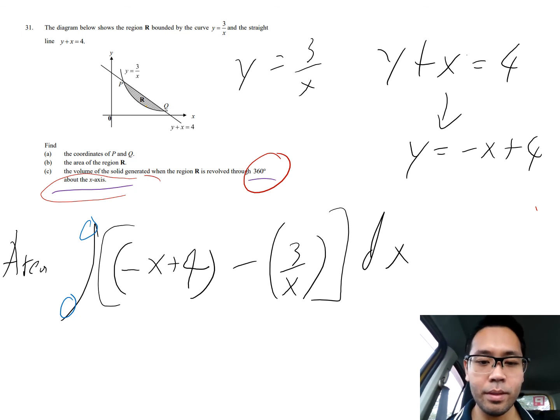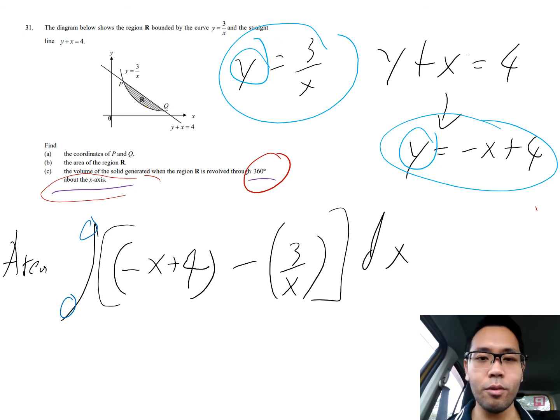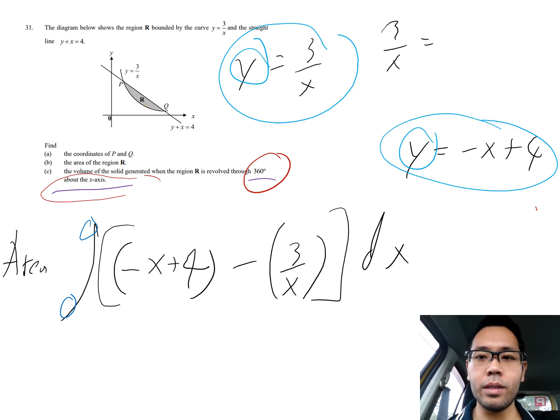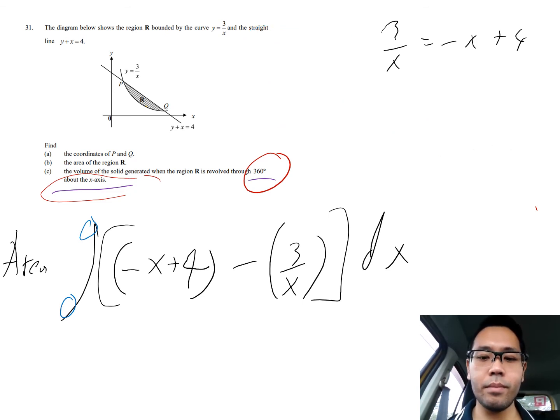Same thing. See here, this y. See here, there's also y. So you can compare them, equalize them. So I get myself 3 over x equals to negative x plus 4. Sorry, too fast. You don't want to have this x, you don't like it.